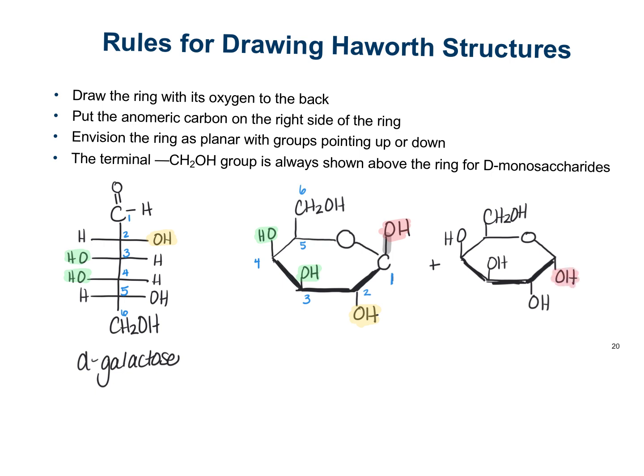And so the one that is up is the beta, and so that would be beta D-galactose. And the one that is down is the alpha, and that would be alpha D-galactose. And so this is how we can draw from a straight chain like this to a cyclic Haworth projection like that.